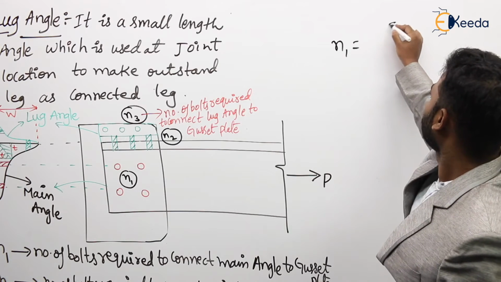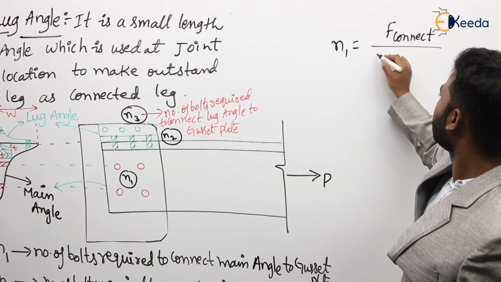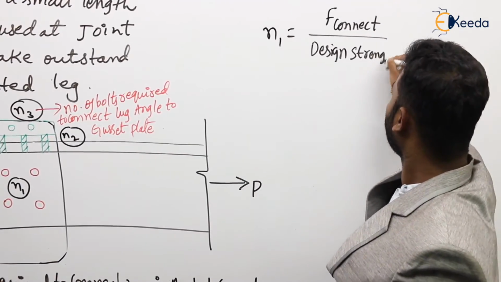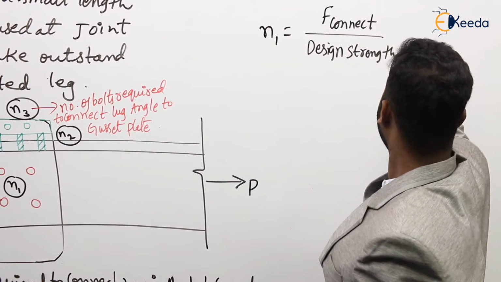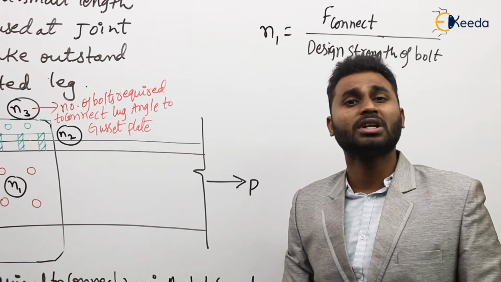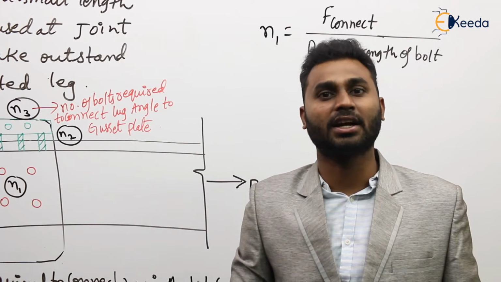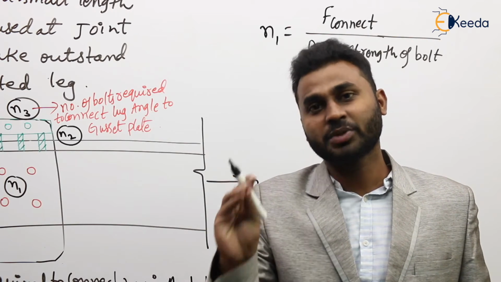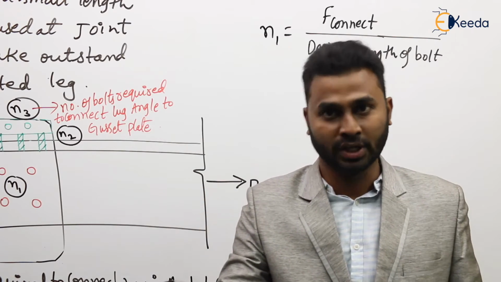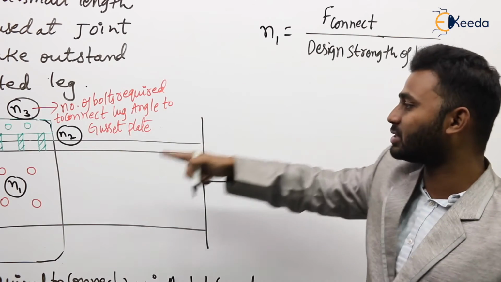So it is F connect, the force in the connected leg, by the design strength of the bolt. What is the design strength of the bolt? It is the minimum of the design strength of the bolt in shear, bearing and tension if it exists. Out of those three, whichever is minimum is considered the design strength of the bolt, as we discussed in bolted connections. So F outstand by the design strength of the bolt gives us the number of bolts required.